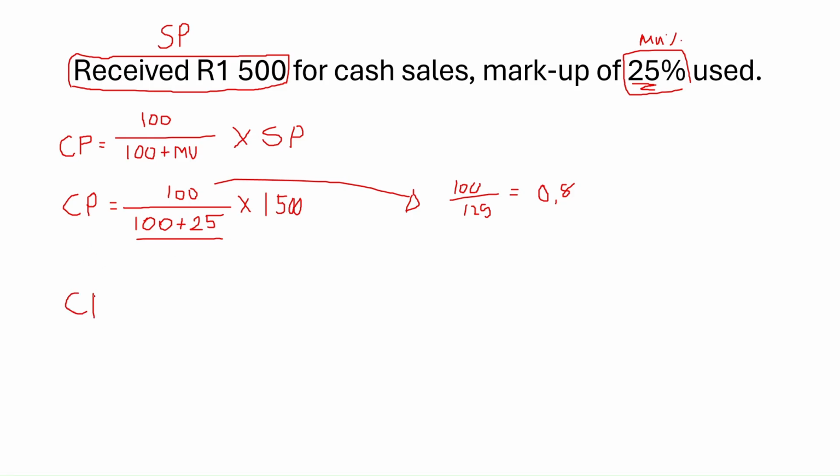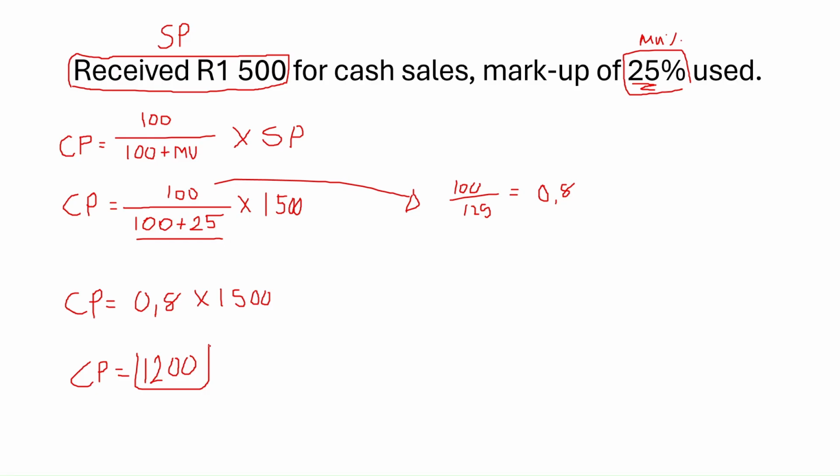So we'll say cost price equals 0.8 times 1,500. It's best to always check your answers on a calculator too, but it should give us 1,200.